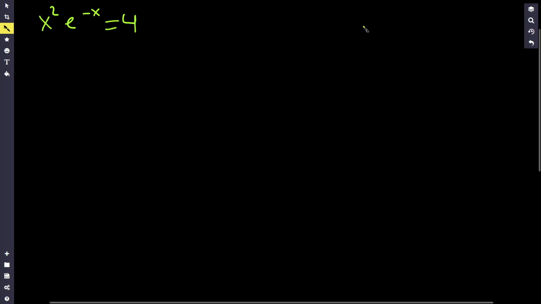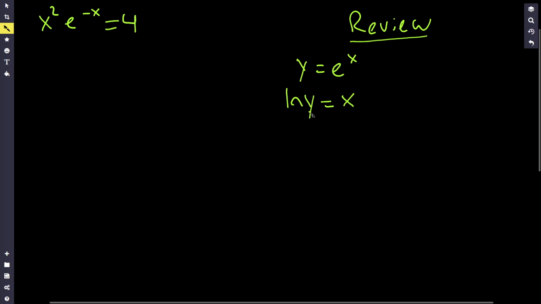So over here we'll have a review of the Lambert W function. The Lambert W function is basically the inverse of the product exponential. So if we have, for example, y equals e to the power of x, the inverse of this, we know, is just the natural log of y equals x, since the natural log of e to the power of x, we can cancel out the natural log and e to just get x.